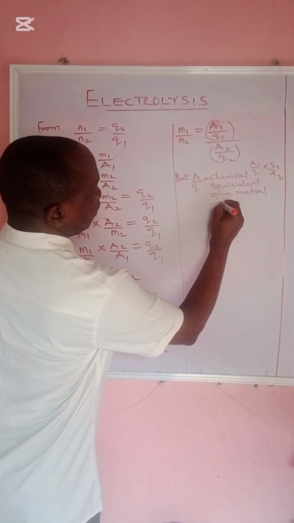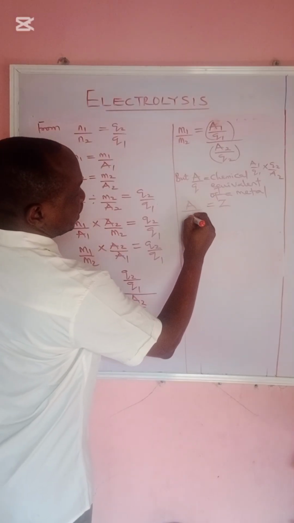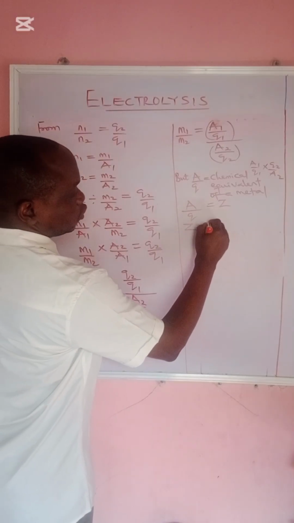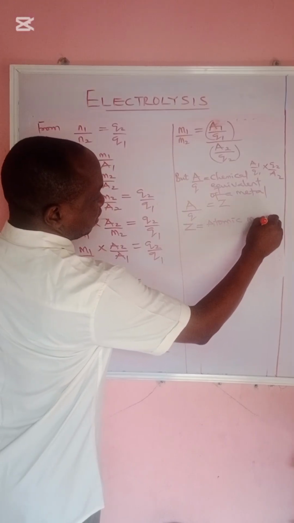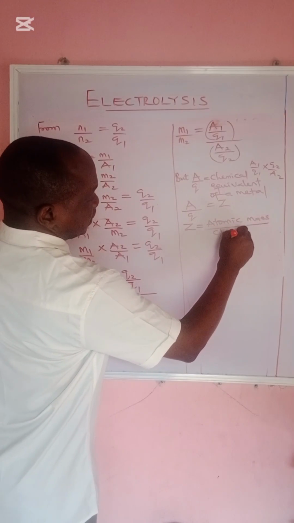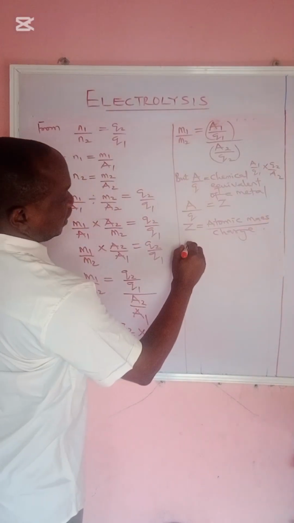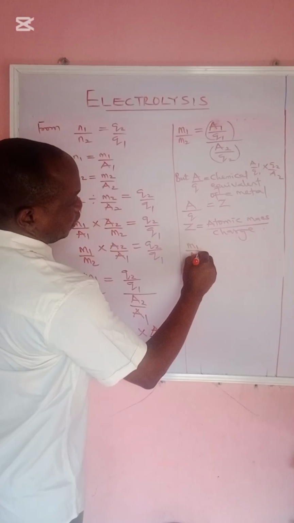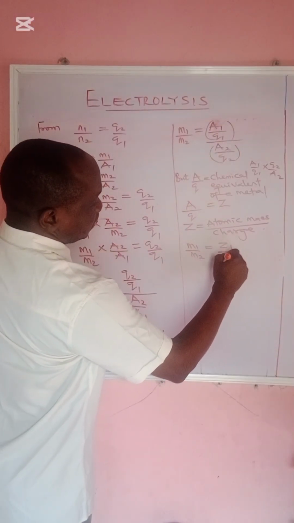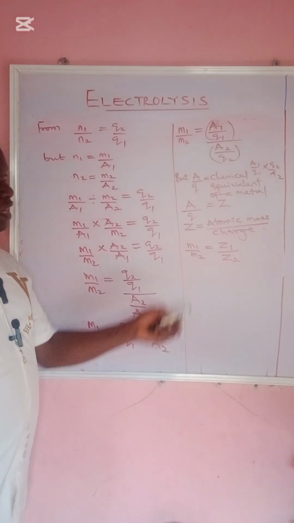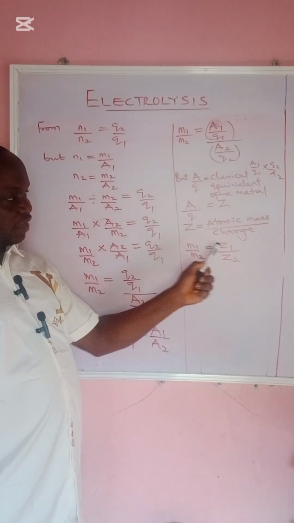And it's denoted by Z. So Z is equal to atomic mass of an element all over charge it carries. So definitely M1 all over M2 is equal to Z1 all over Z2. It's not the same thing as electrochemical equivalent. We call it chemical equivalent, equal to atomic mass all over charge.